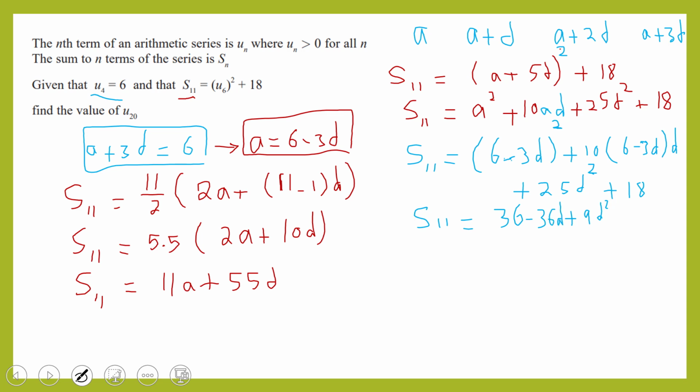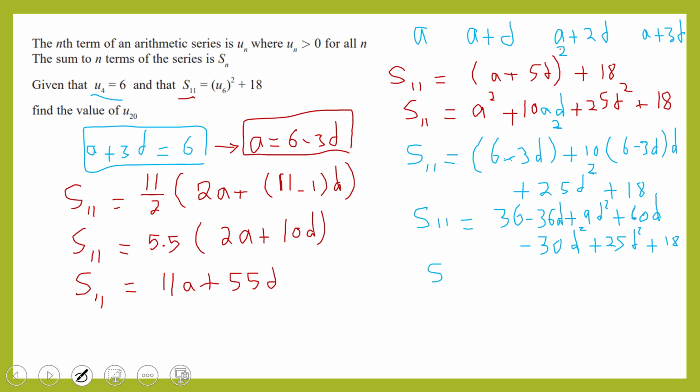Then we have 10 times 6 is 60, so 60d, and 10 times minus 3d times d is minus 30d squared. Then we have plus 25d squared plus 18. This is S11.